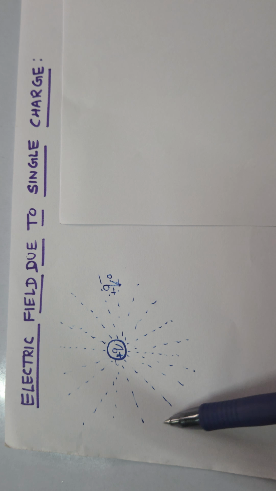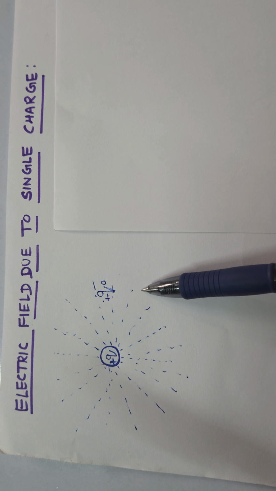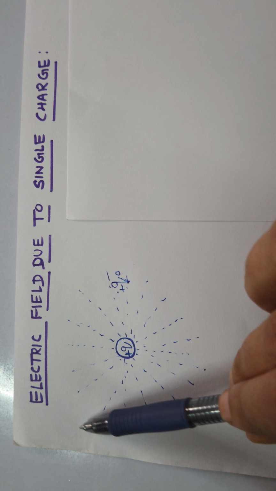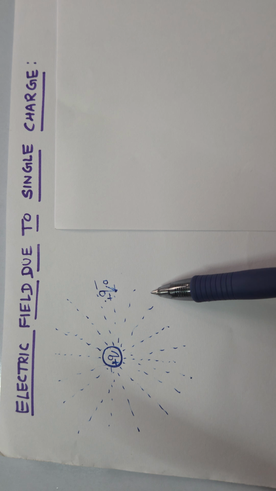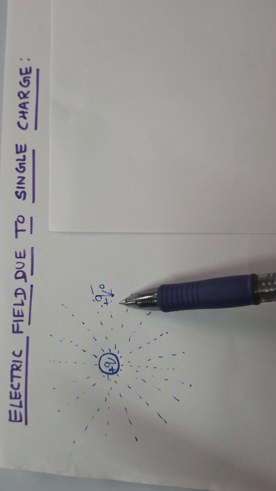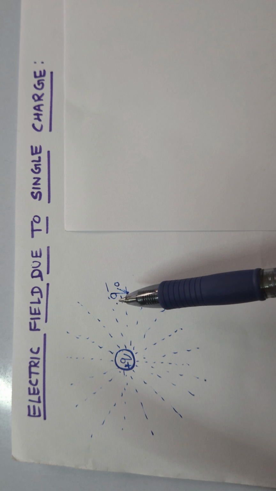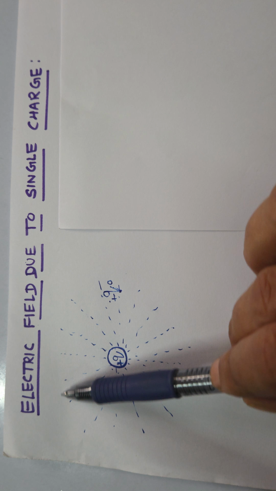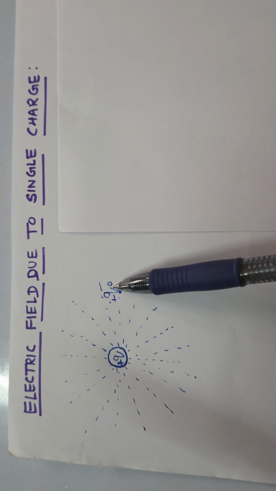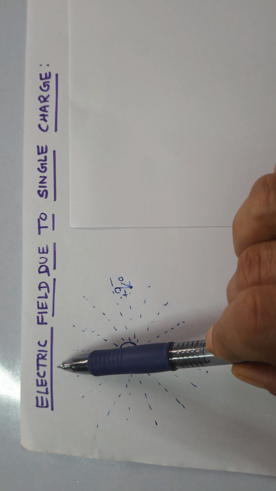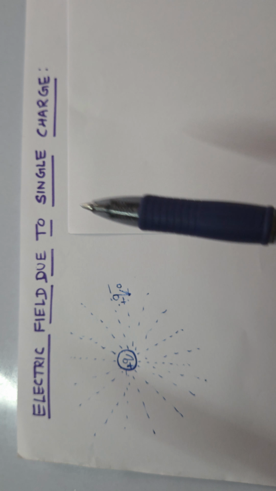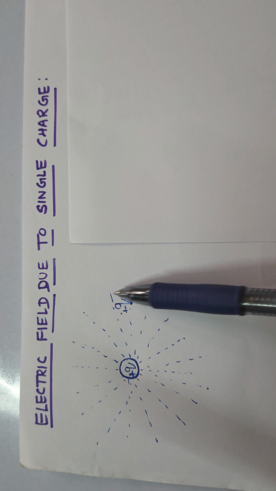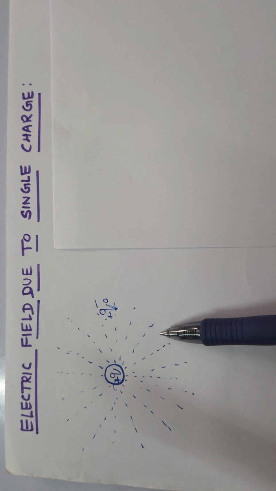This source charge has created a region all around it in which others are not allowed. It has made its own territory, and in scientific words this territory is known as the electric field, where other charges are not allowed. To measure the intensity of this field, we use a word called electric field intensity, and in short we just call it electric field.